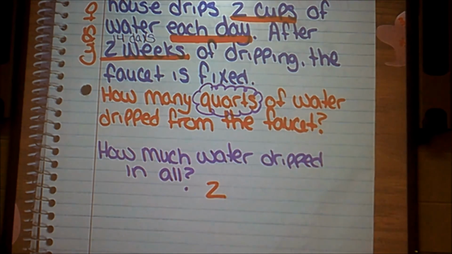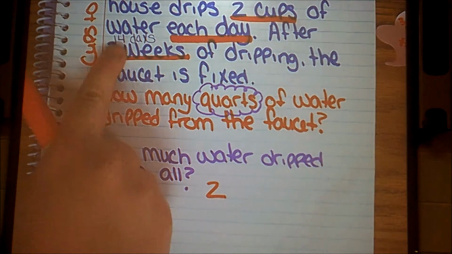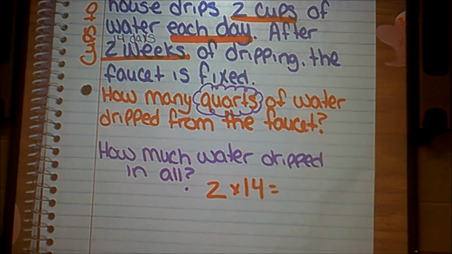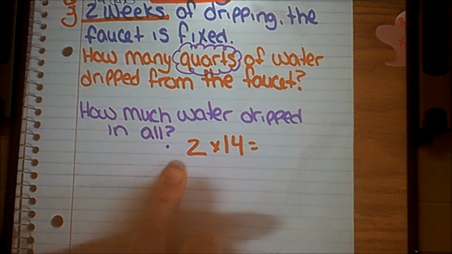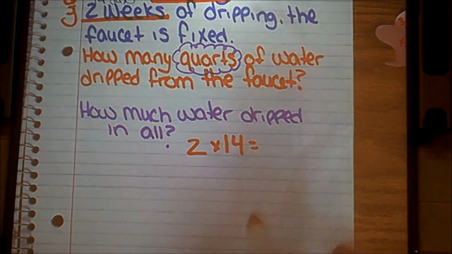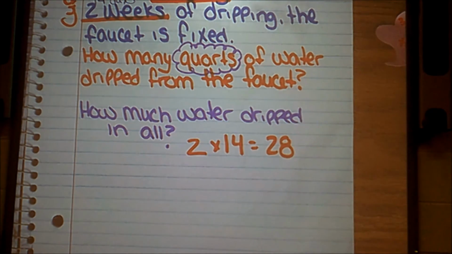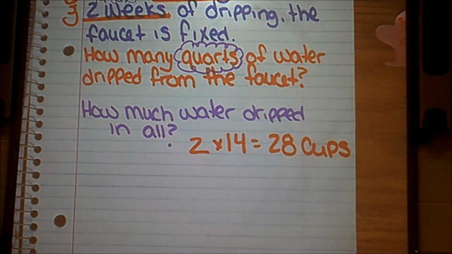I also know that it's been doing it for 2 weeks, or 14 days. So I'm going to multiply my 2 cups times my 14 days to determine how much it has dripped in all. 2 times 14 tells me 28 is my answer there. And that is the amount of cups of water that have dripped from my faucet.